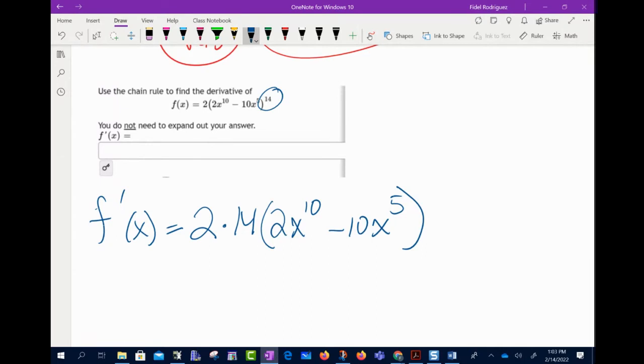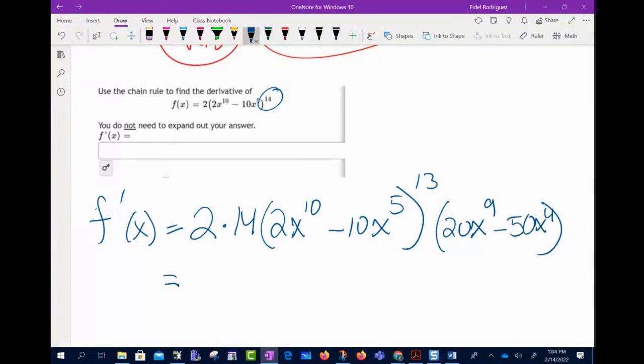So that used to be 14, now we have a 13. Now, we still need to take the derivative of the inside. What is the derivative of 2x to the 10th? 20x to the 9th, okay? Minus, what's the derivative of 10x to the 5th? 50x to the power 4.